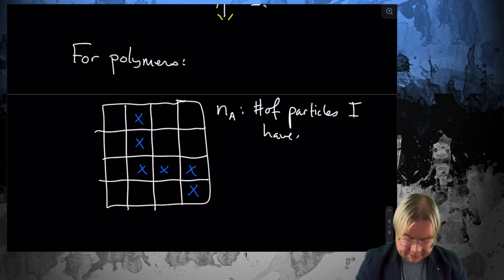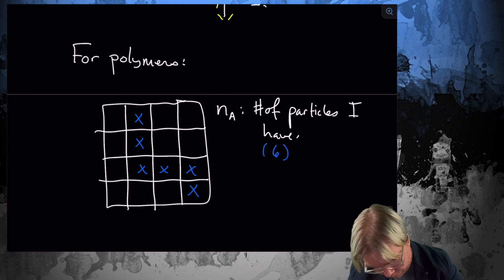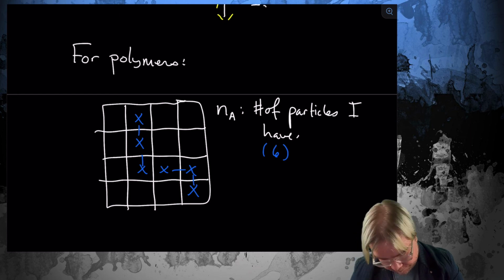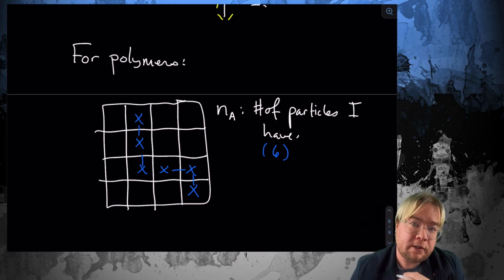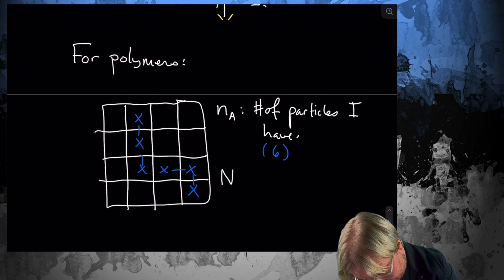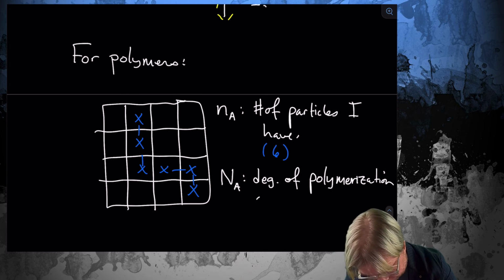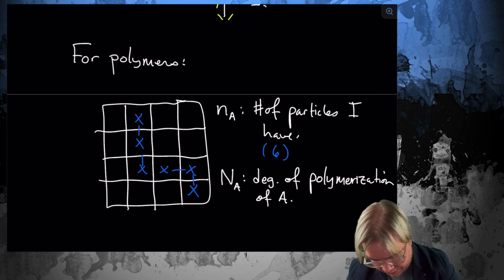So in this case, I've got 6 particles. But what if now I have polymer chains with a degree of polymerization 3? So let's call capital Na the degree of polymerization of A.